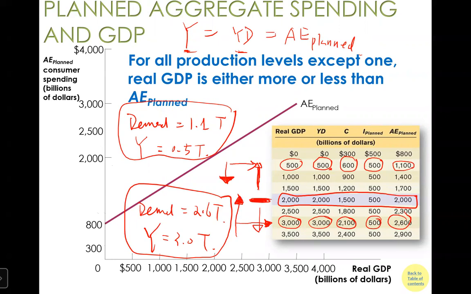Right? And then until we reach this particular line here. Once we are in this line, the GDP equals disposable income, and the expenditure equals GDP.